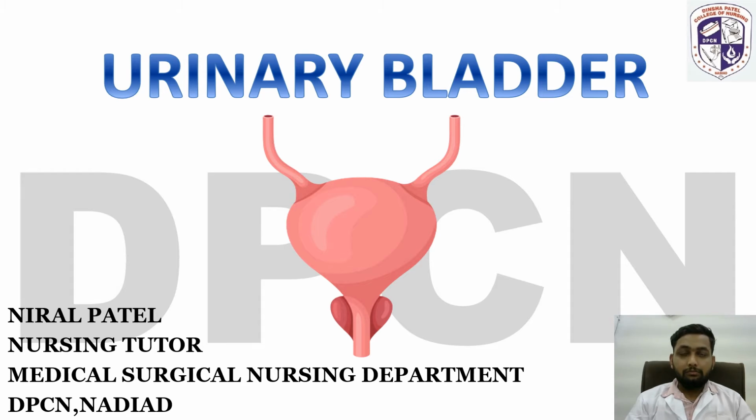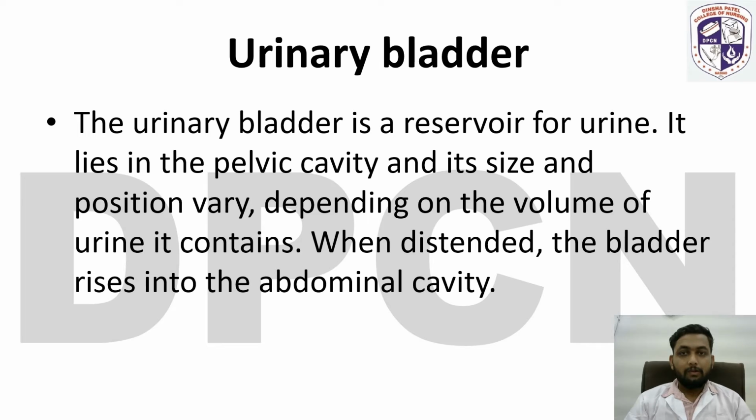Today I would like to discuss the anatomy of the bladder. First, the urinary bladder is a reservoir for the urine. Means in our body the urine is stored by the bladder. It lies in the pelvic cavity and its size, shape and position vary depending on the volume of its content.